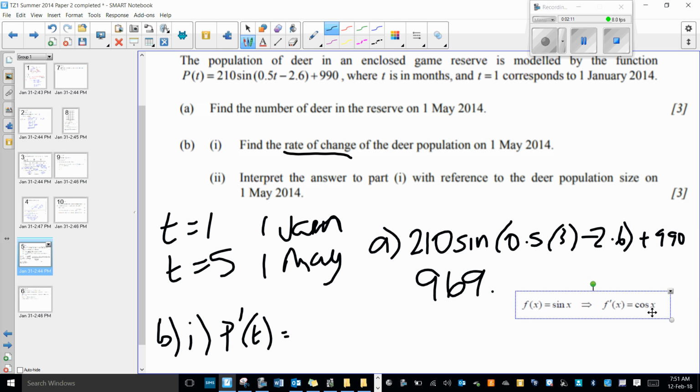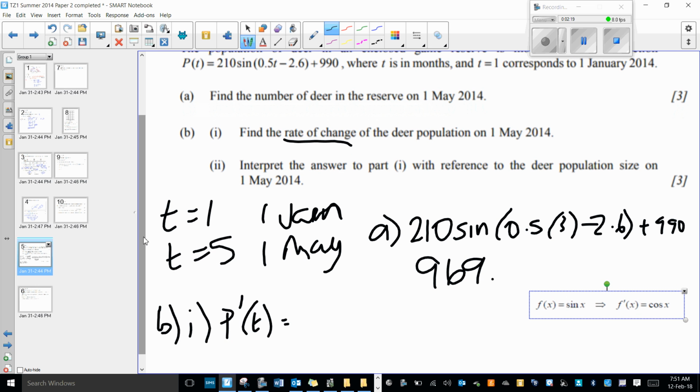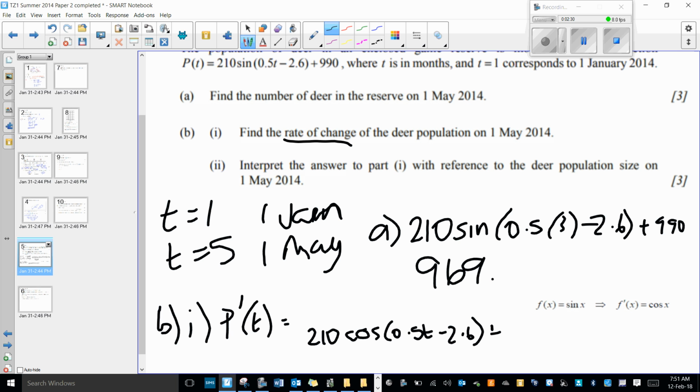Obviously we've got a few extra things that we need to deal with here. So we've got 210 cos of (0.5 t minus 2.6) plus nothing, because the 990 differentiates to be nothing.